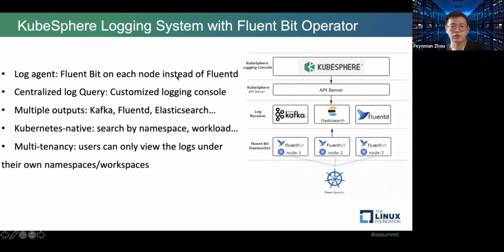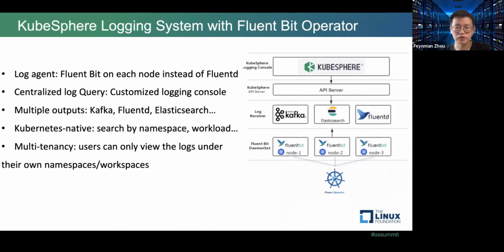We run Fluent Bit on each node instead of FluentD. We provide a centralized log query, which is used to search and retrieve the users' and the infrastructure's logs in a unified platform. We build this the Kubernetes-native way.